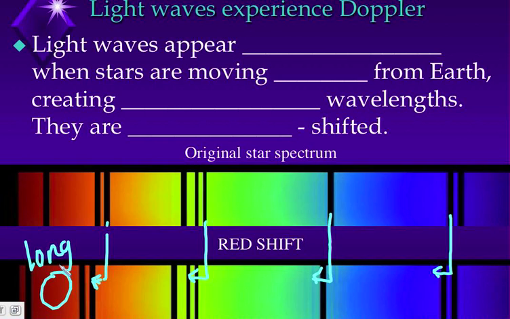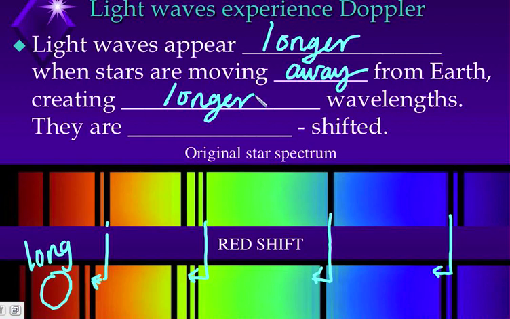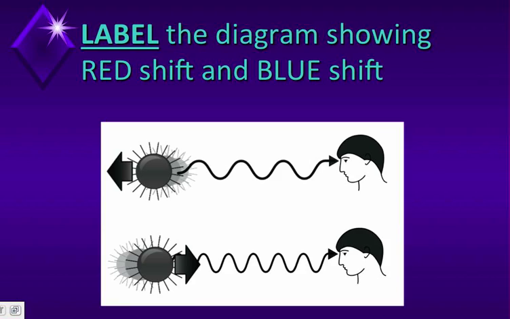So light waves appear longer in this case of a redshift when stars are moving away from Earth, creating longer wavelengths, giving me the red shift. Pretty cool. So simply by looking at the spectrum, I can tell, is that star moving towards or away from Earth?